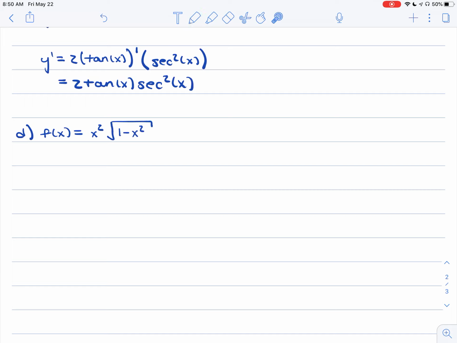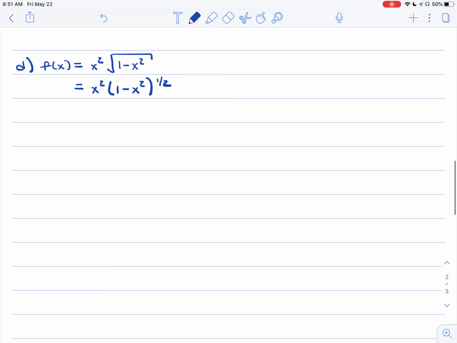So in this case, we're going to have to use both our product rule, because we have these two functions that are being multiplied together, as well as the chain rule, because this piece right here is a composite function. This one's going to be a little tricky. So I'm going to start like normal just by rewriting my square root as a 1/2 exponent. We'll have x squared times 1 minus x squared, all raised to the power of 1/2.